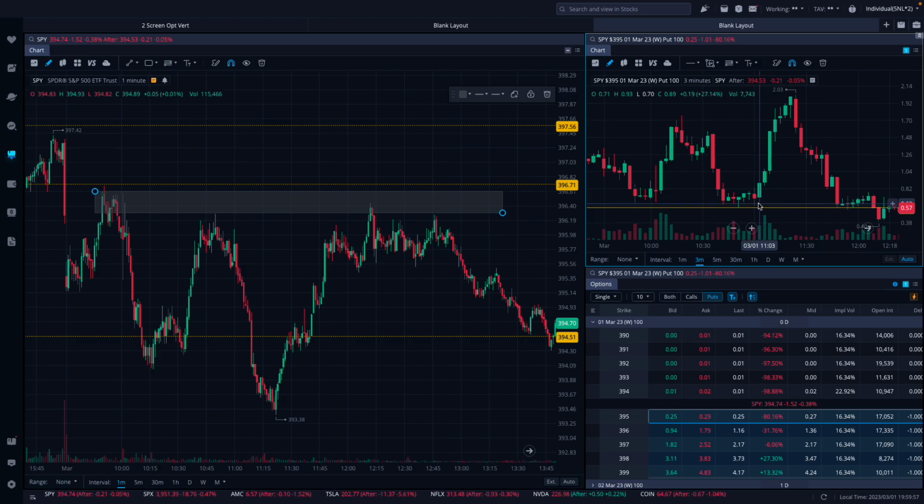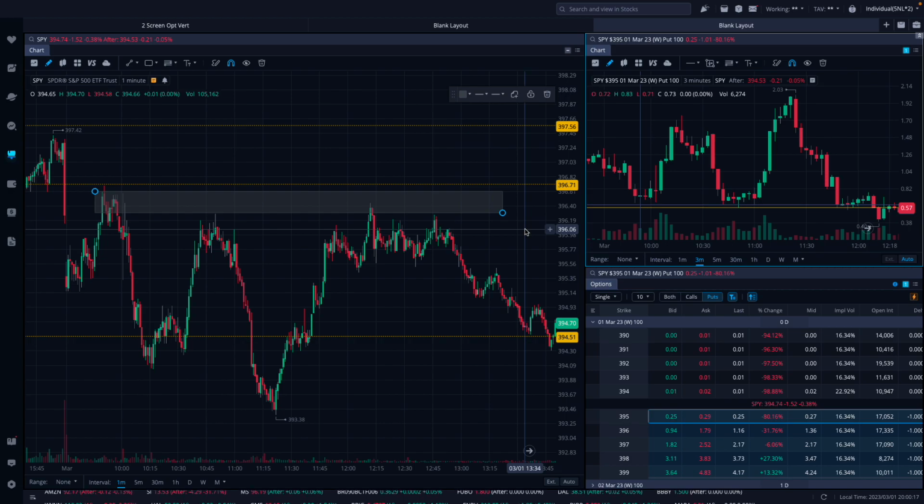Well, look, at 11 o'clock, this candle is far lower than this candle by, let's see, this is 396.30.